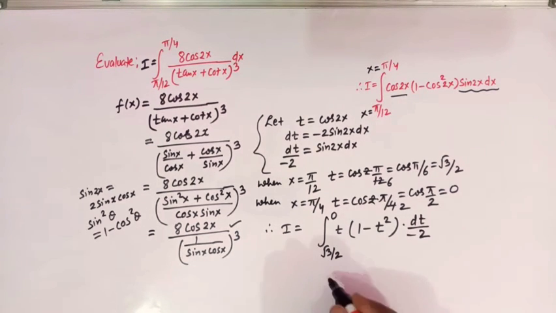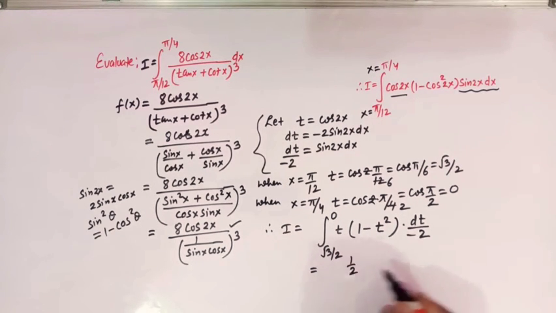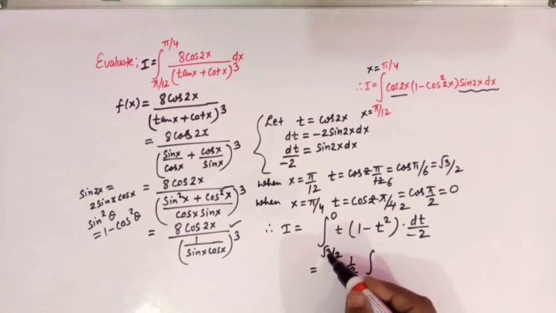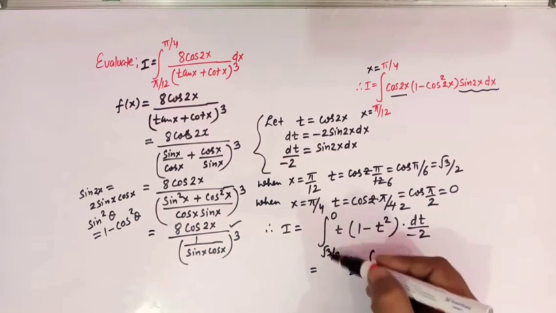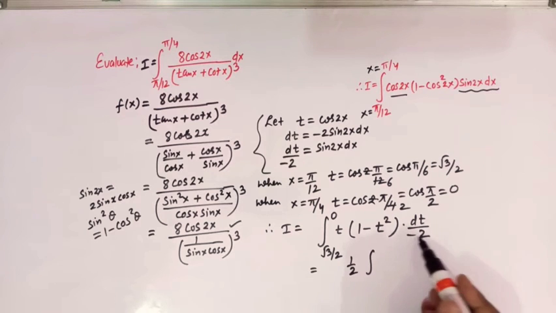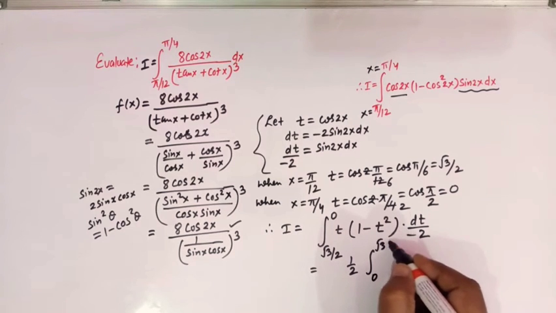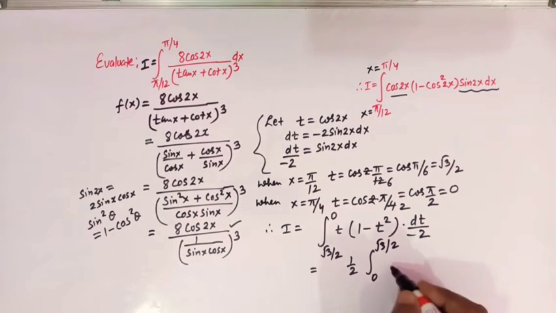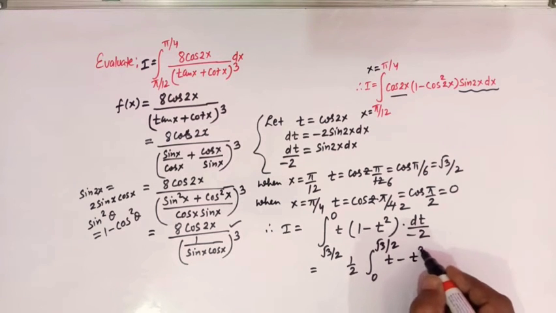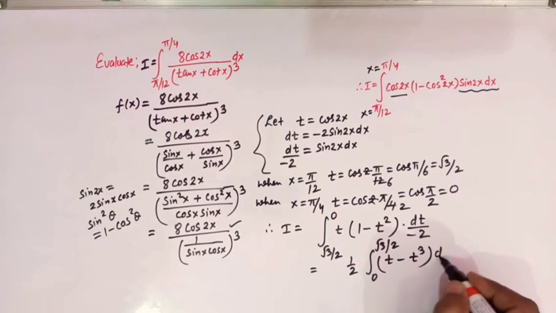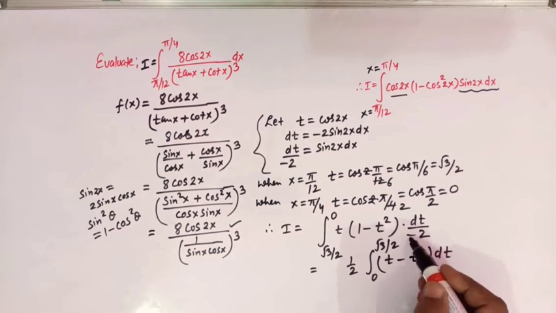Now we can rewrite this integral by taking half common, interchanging the limits and neutralizing this negative sign, so we have 0 to root 3 over 2 of t minus t cube dt.